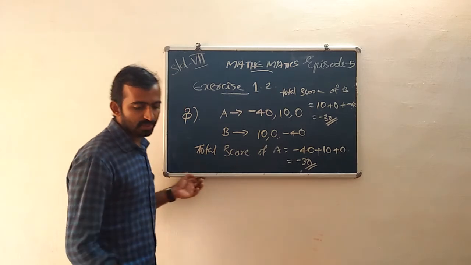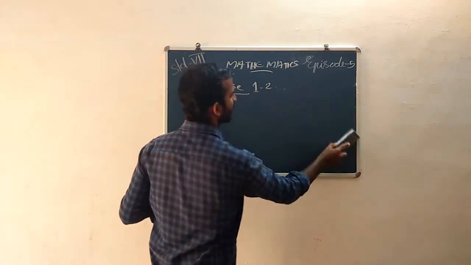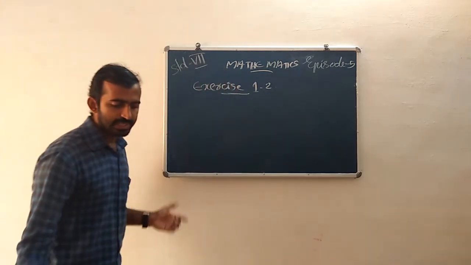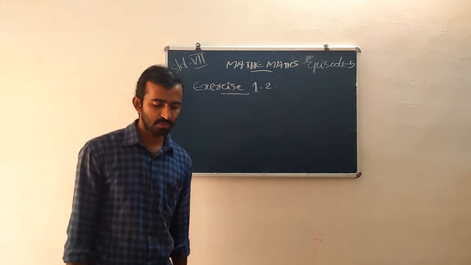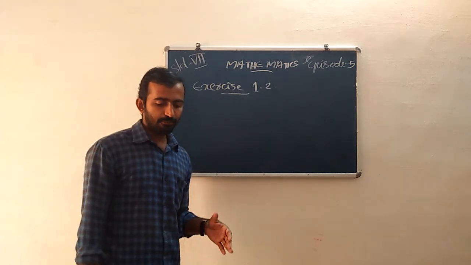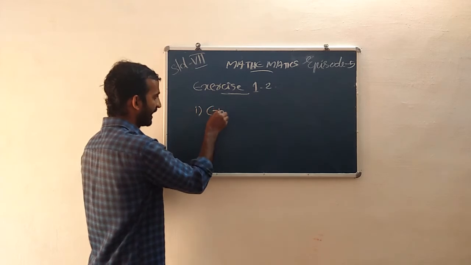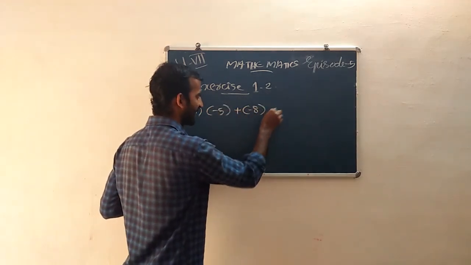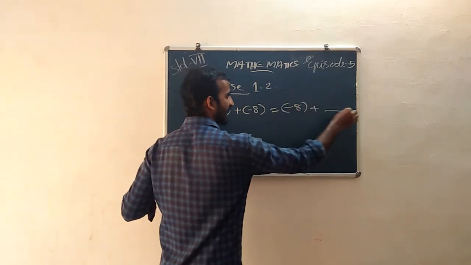Now we discuss the fourth question: fill in the blanks to make the following statements true. The first one is negative 5 plus negative 8 equals negative 8 plus dash.